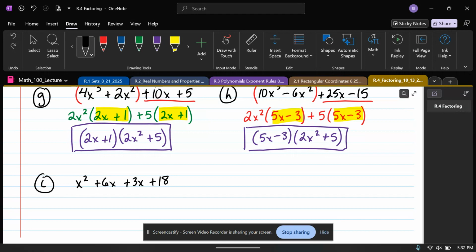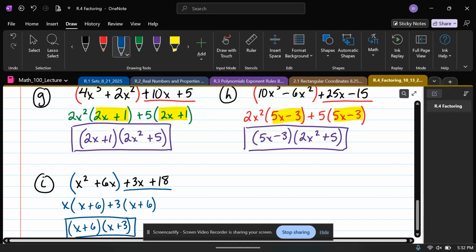This is the in-between step between the X method and the grouping. So if I did grouping with this, I'd group those first two together and those last two together. And that would be X and X plus 6 plus 3 and then X plus 6. So I'd have X plus 6 and X plus 3.